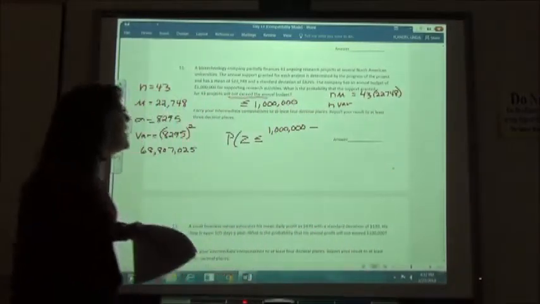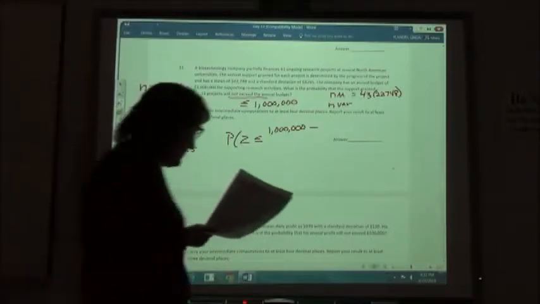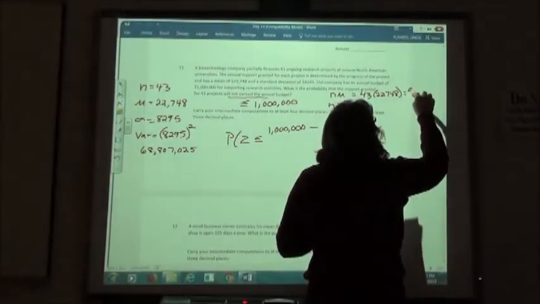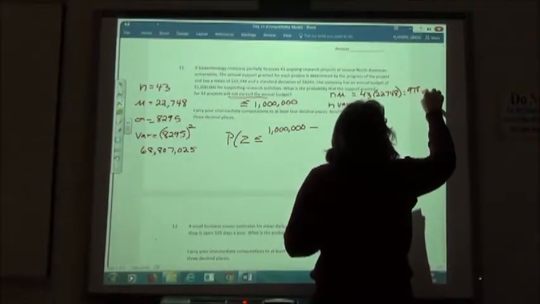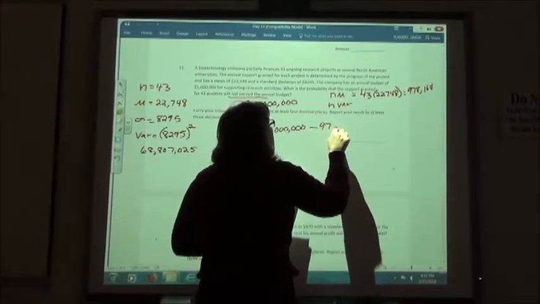They couldn't give us any nicer numbers. What do we get when we take 43 times 22,748? 978,164. That's going to be the number here.